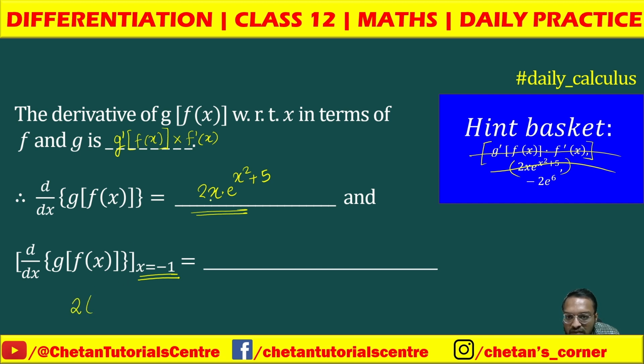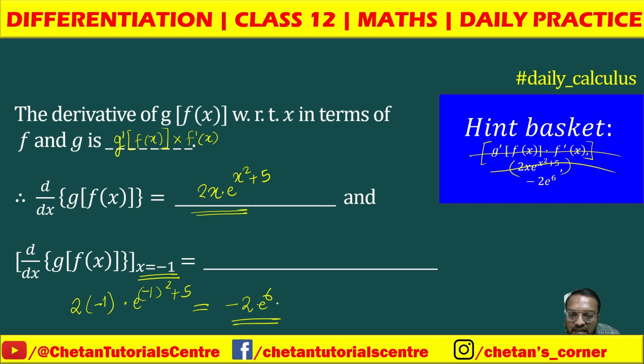2 into the value of x, which is minus 1, into e raised to the value of x square, which is minus 1 square, plus 5. So on further simplifying this, I will get 2 e raised to, minus 1 square will be 1, so 1 plus 5 will give me 6. So this is the final answer for this question.